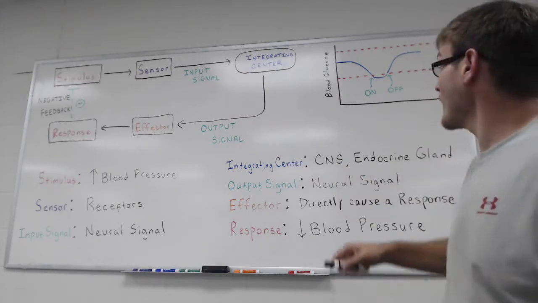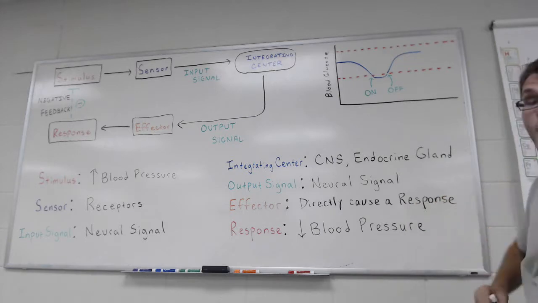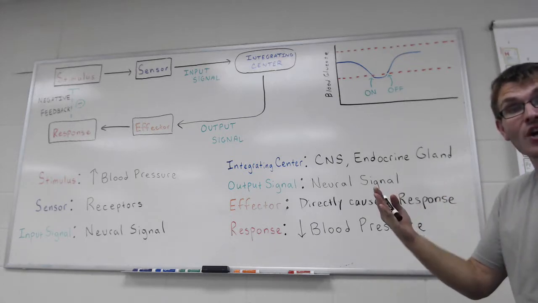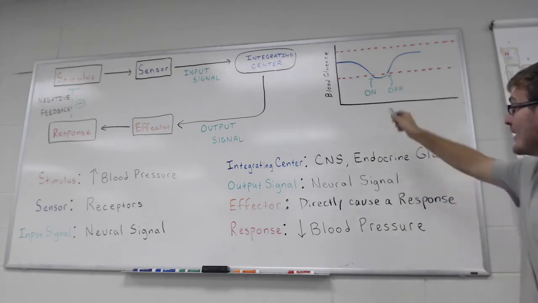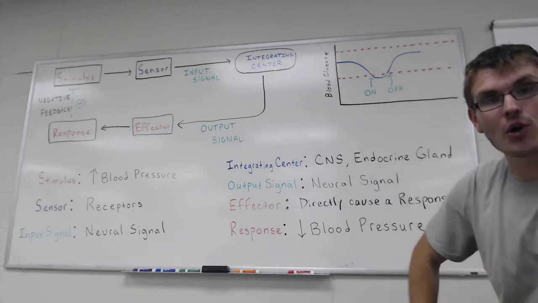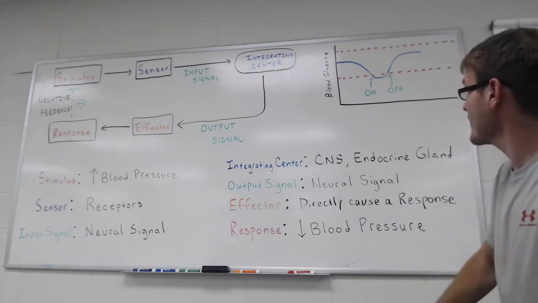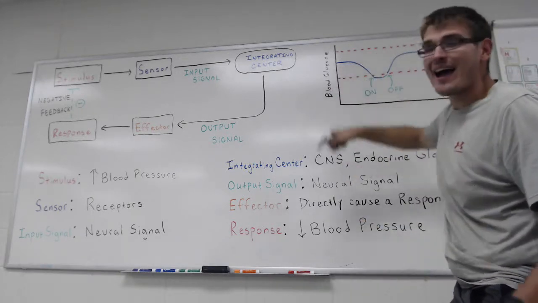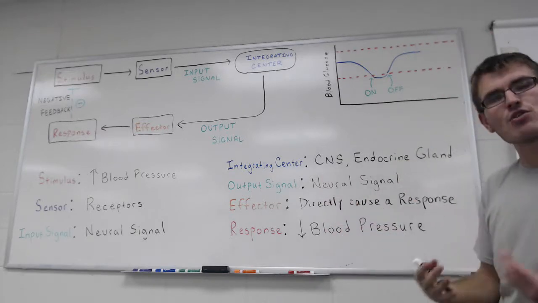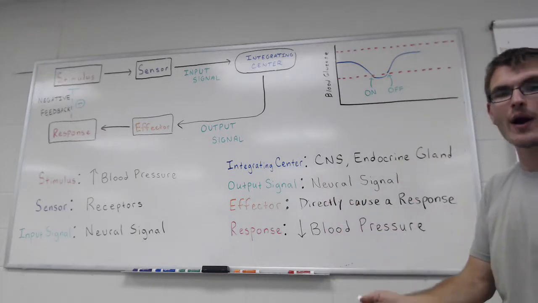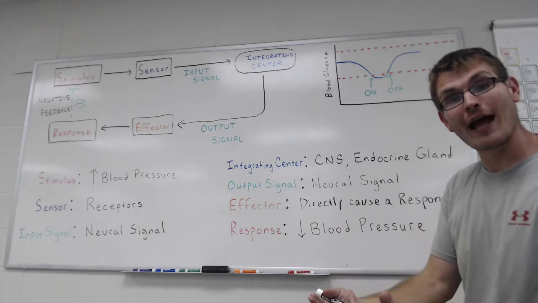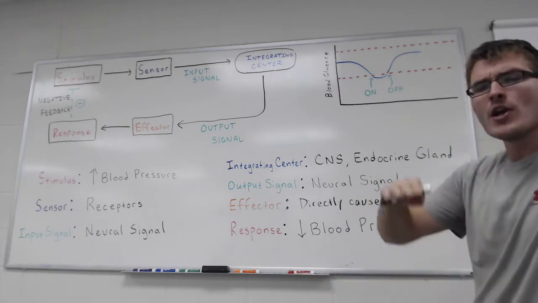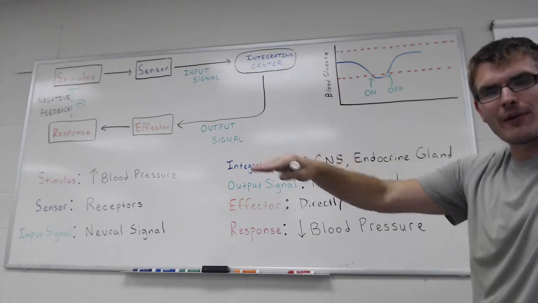So if you actually want an example here of what one of these mechanisms might look like, and specifically when it gets turned on and when it gets turned off, let's look at an example where we're tracking someone's blood glucose. Blood glucose here we have in blue, and you can also appreciate that as you go throughout your day, you go through periods where you eat a meal, go several hours without eating, eat a meal, go several hours without eating, and your blood glucose is going to fluctuate a little bit, right?